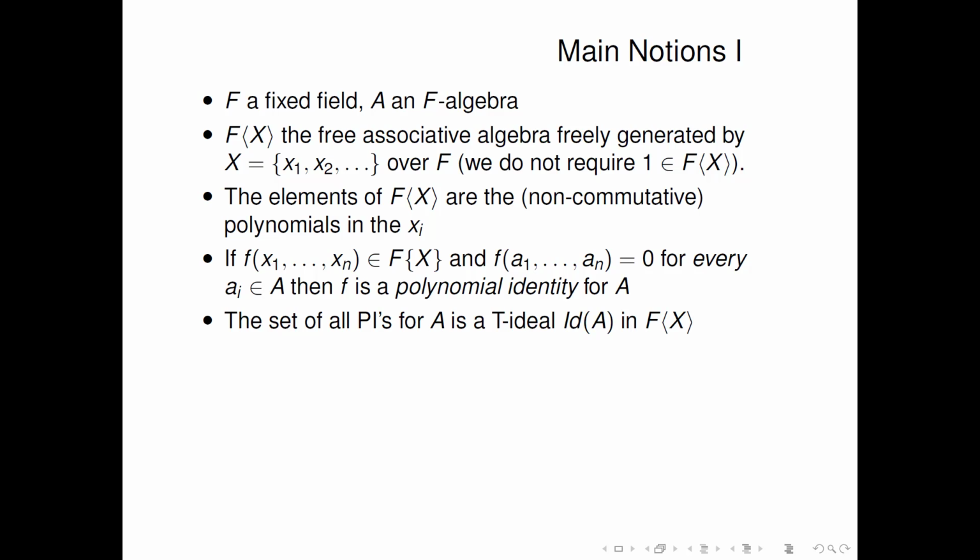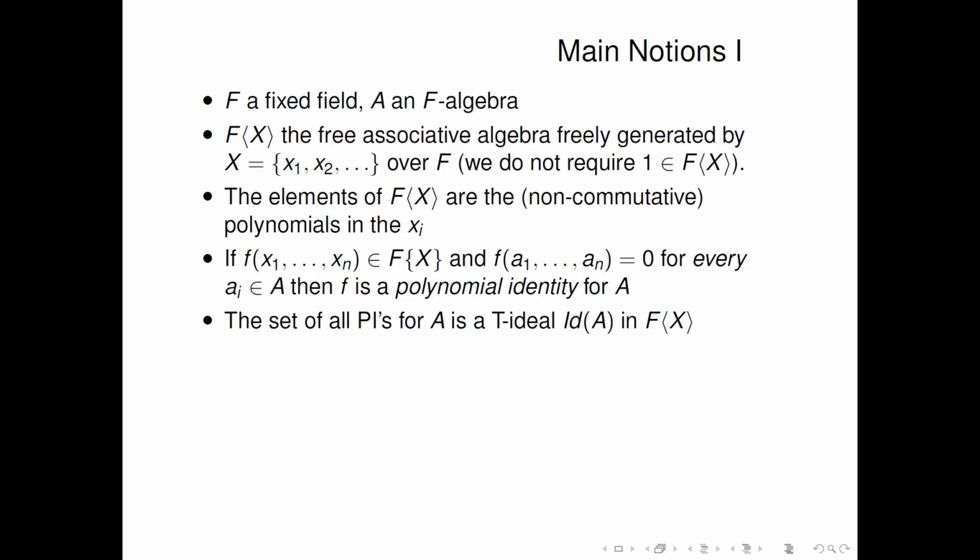Then a polynomial, okay, it should be these brackets, not parentheses, but never mind, will be a polynomial identity for some F algebra A if f vanishes when you substitute the variables by arbitrary elements from the algebra.